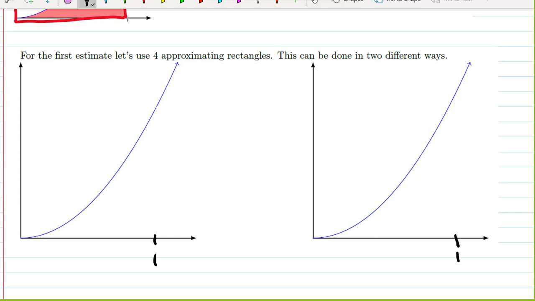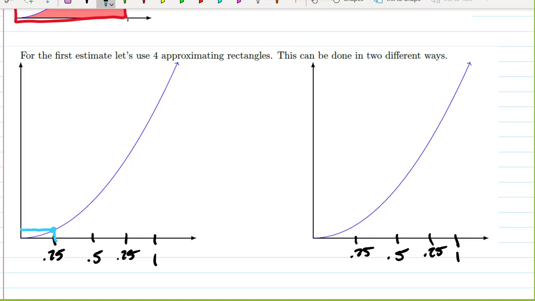If I'm going to use 4 different rectangles, let's cut each of these in half. 1, so that's 0.5 and 0.5. And if I cut them in half again, that would be 0.25 and 0.25, 0.25 and 0.25, right?